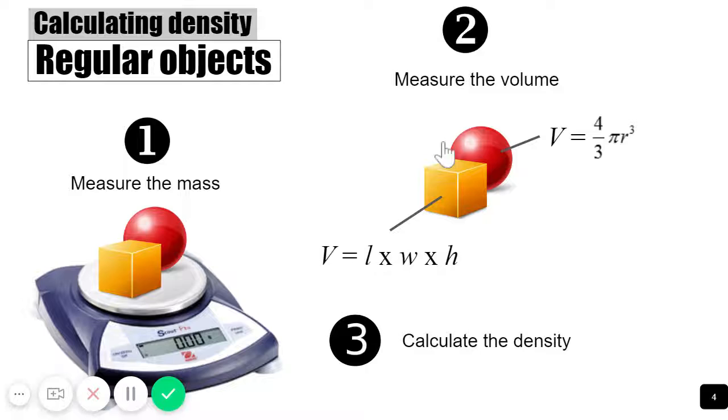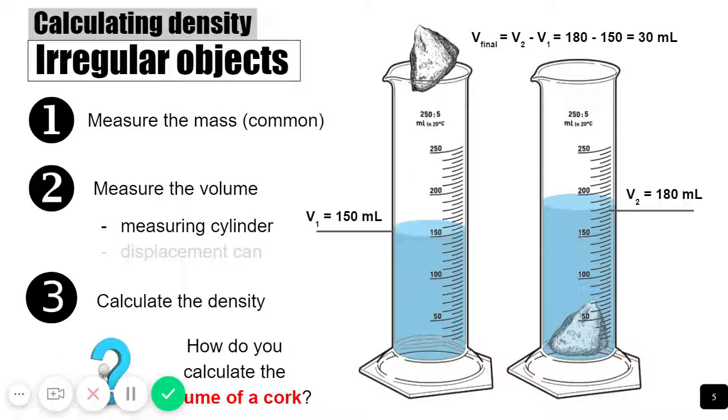If you're asked to calculate the volume, I will definitely provide you the formula so that you'll be able to substitute wherever it is. The maths is only used so that you have a clear picture of the science concept. After measuring the mass and the volume, you calculate the density using the formula given, mass over volume. That is for regular objects.